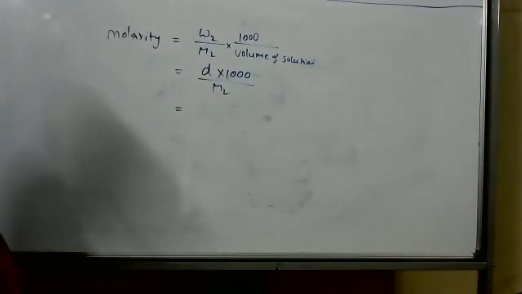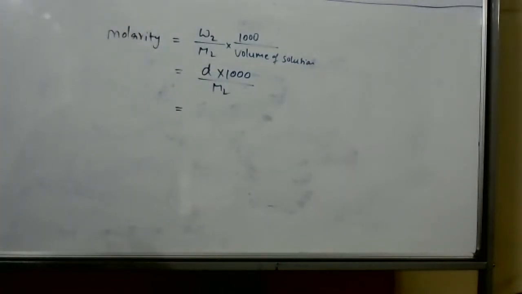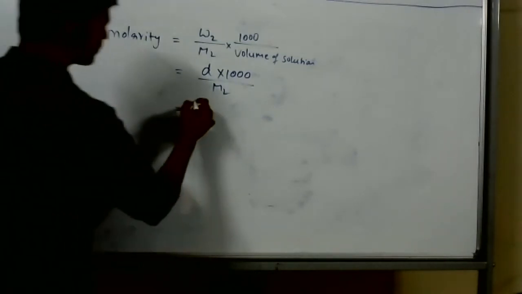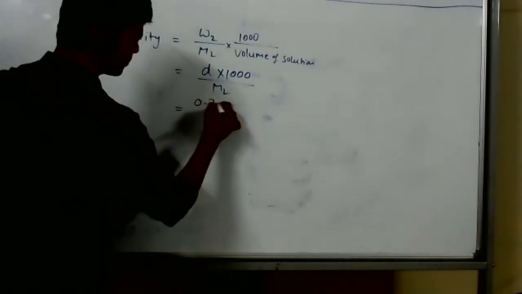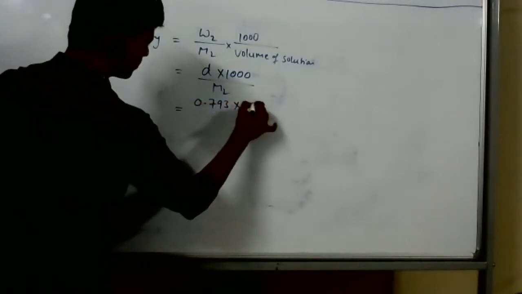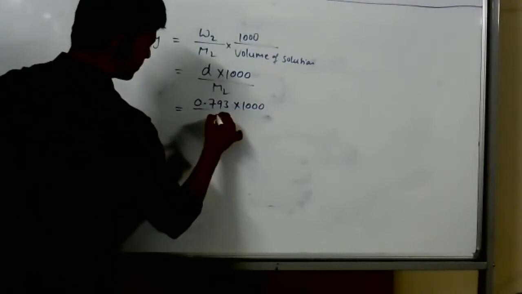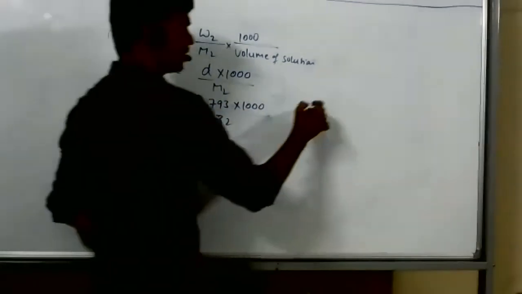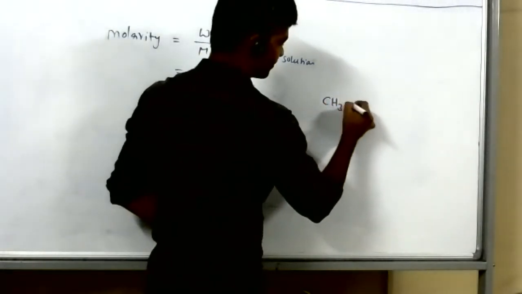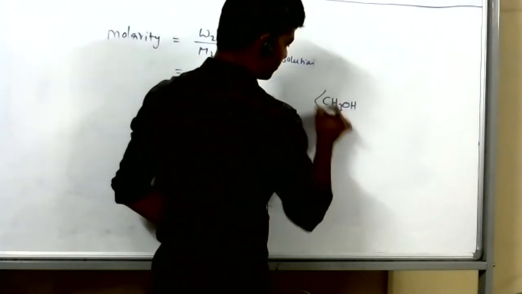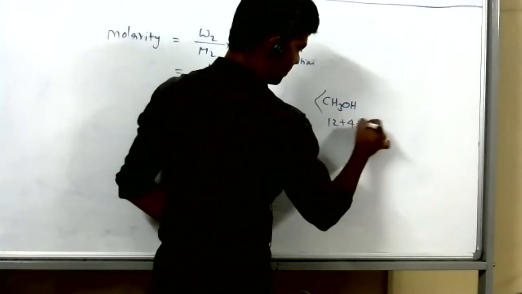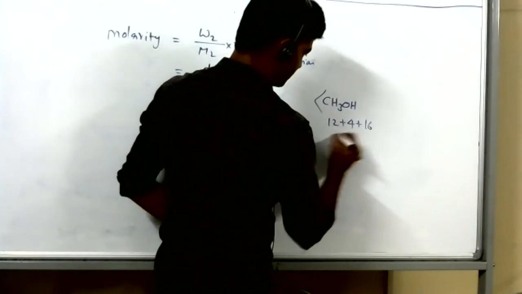So now density is given as 0.793 kilogram per liter. When you multiply with 1000, it becomes grams only. So 793 by 32. The molar mass of methanol, CH3OH, is 12 plus 4 plus 16, 32.